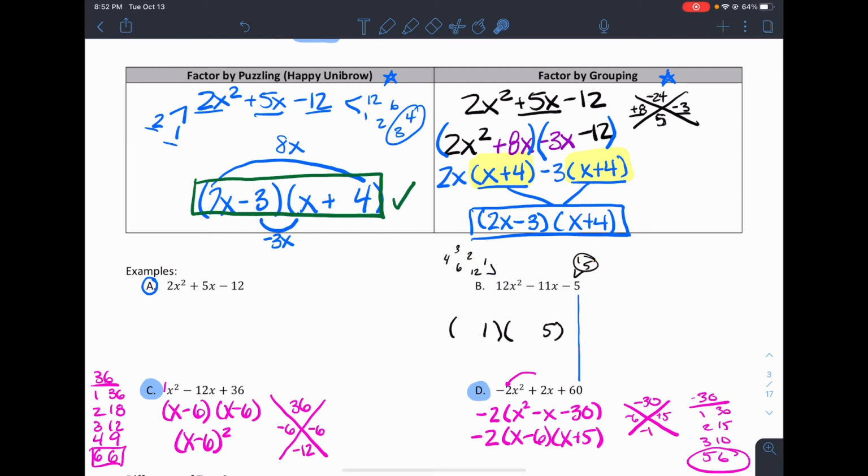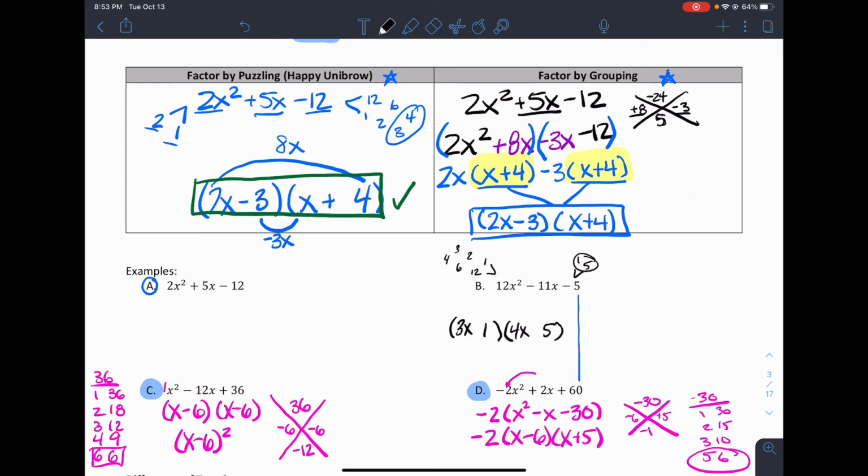Or 10 and 16, and 6, they won't get me to 11 either. 4 times 5 is 20, and 3, that won't get me there. But 3 times 5, 15, and 4 will get me there. So I need the 3 and the 5 to multiply, so they need to be in opposite parentheses.